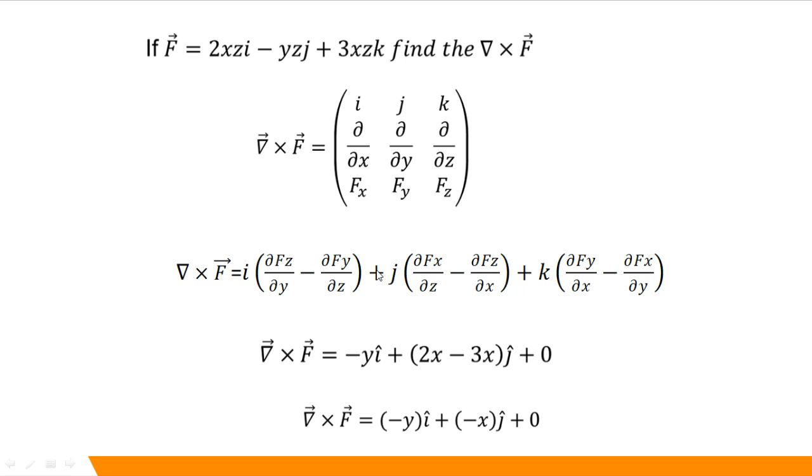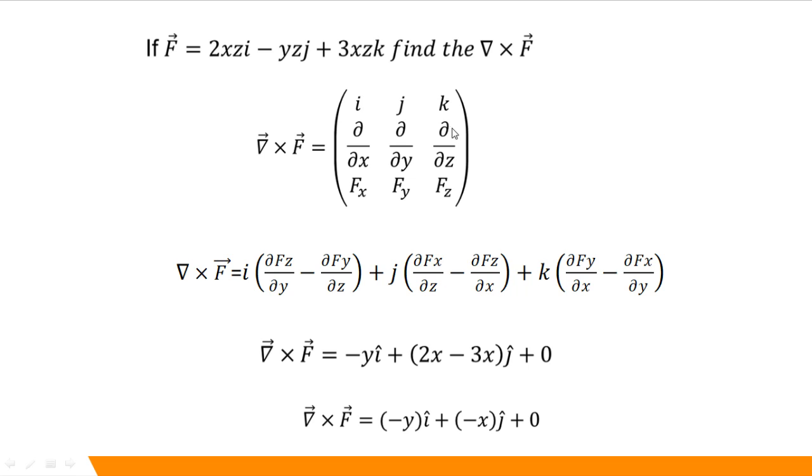But I have taken plus here, therefore inside I reversed it: del F_x by del z minus del F_z by del x. So be very careful with this part. The usual matrix analysis is plus, minus, plus, but here I have taken plus only, which means the components inside are interchanged.